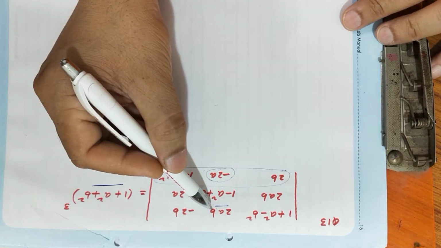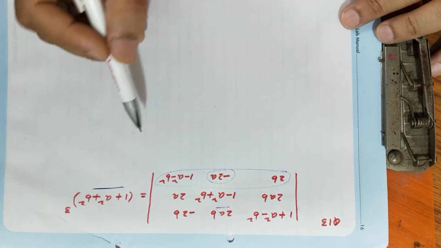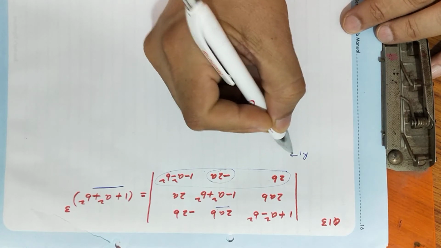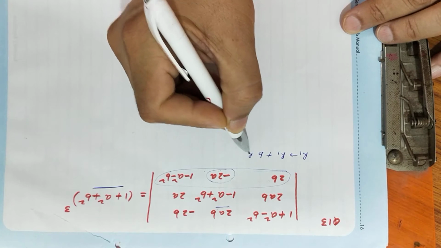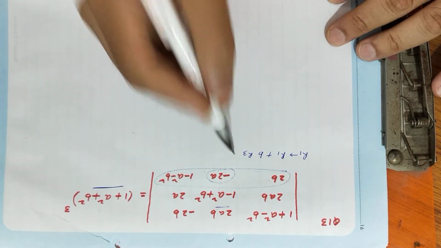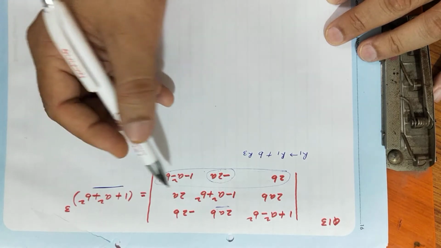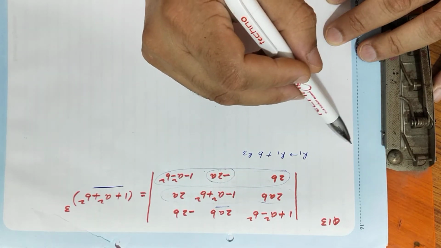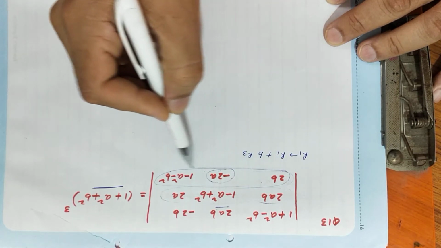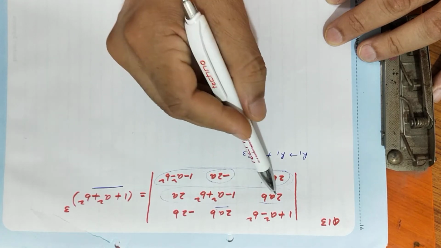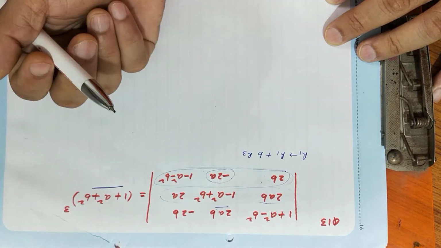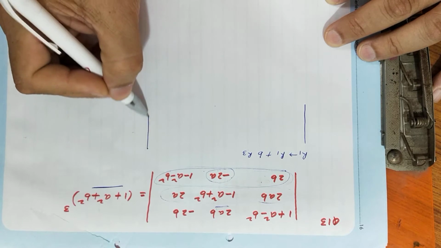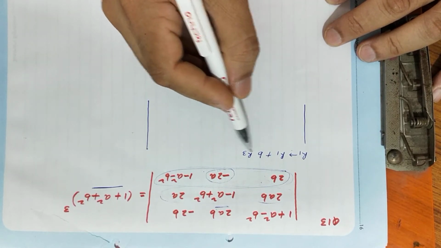So we can apply this operation here: R1 tends to R1 plus bR3. And one more thing, if you multiply this row by a and subtract it from this 2ab, then you can get 0. First of all, we'll apply this operation here: R1 → R1 + bR3.